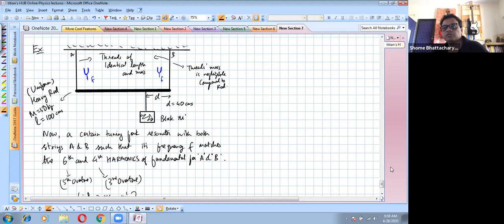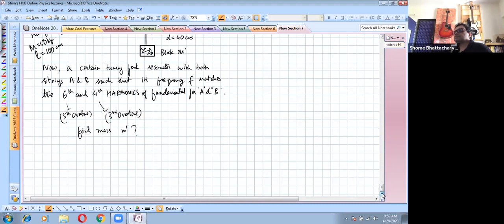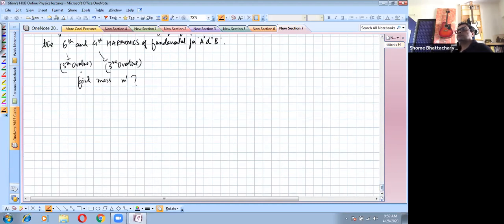Yeah, so from that you should, Manishka, now be able to get the relationship. Okay, so what is happening here is you can see that for string A, the fifth overtone should be equal to the third overtone for B, which should be equal to the frequency of the tuning fork.